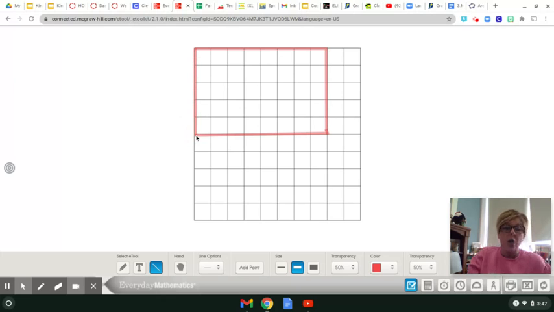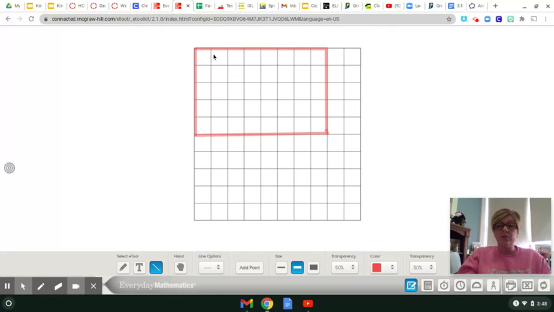So there, if I count and just double check, I have a length of 8 tiles and a width of 5 tiles. So I need to multiply 8 times 5. Some of you are learning your fives. You may be able to figure that out.